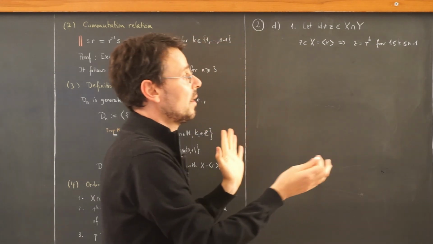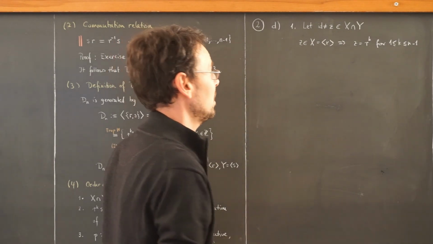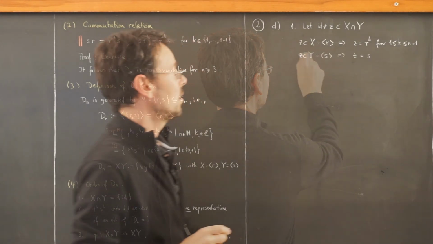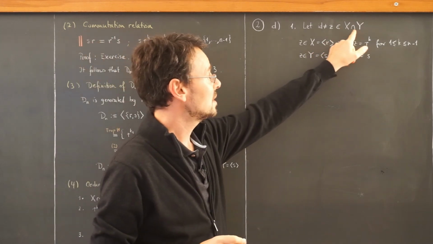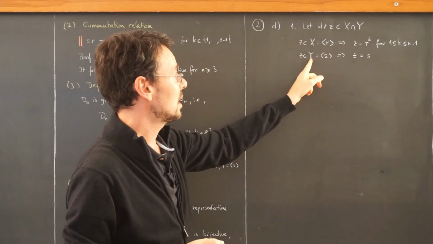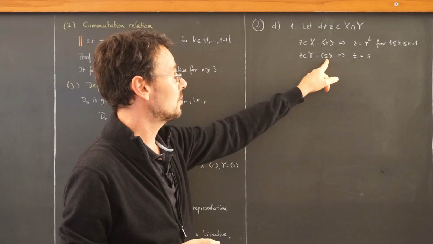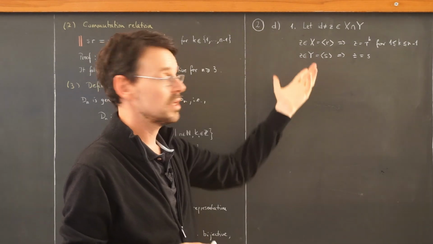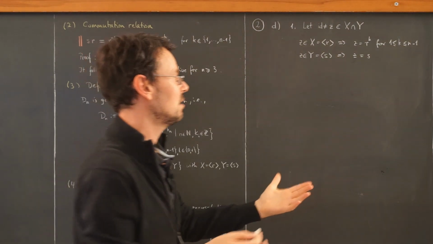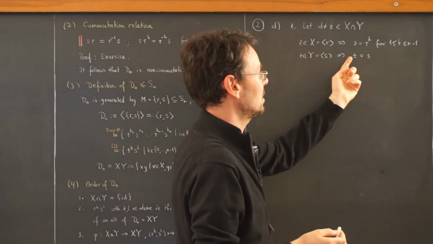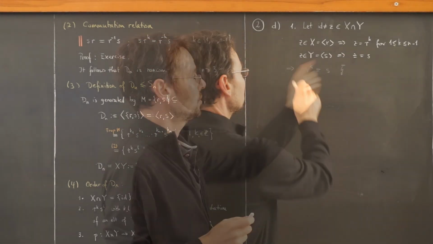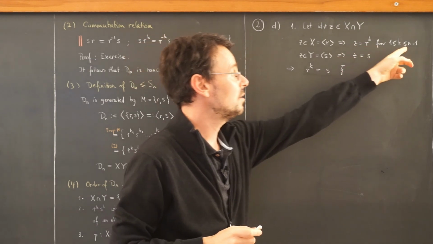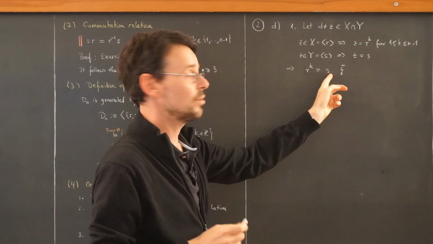Not 0 and not n, because then we would have the identity. And if Z lies in the intersection, it lies in Y. Y is the subgroup generated by S, which only contains the identity and S itself. So this implies that Z must be S. So it would follow that R to the K for one of those Ks would be equal to S.